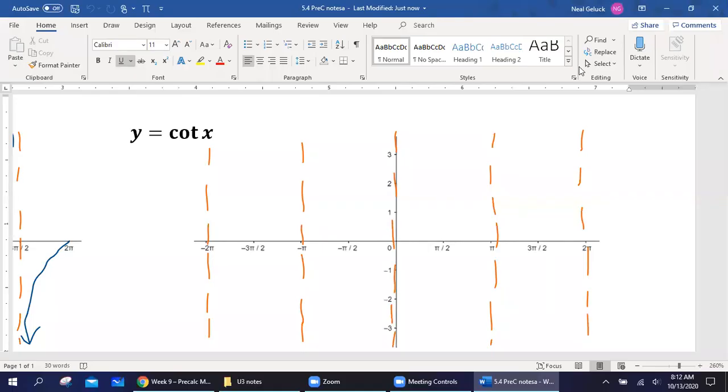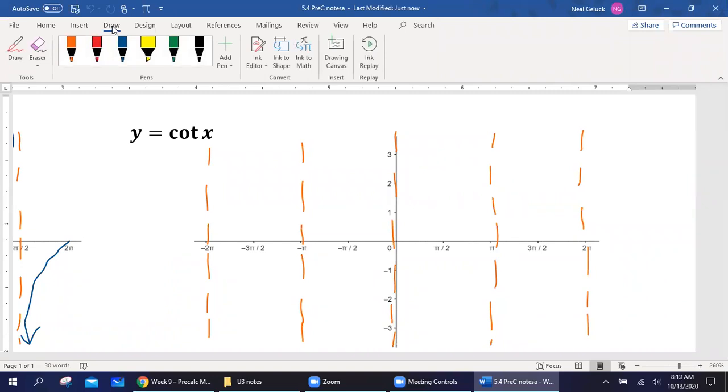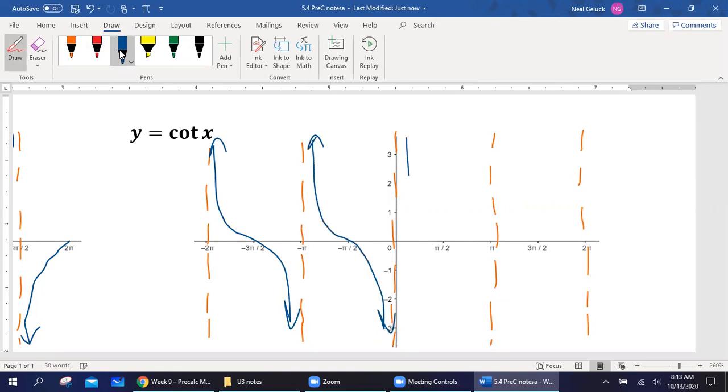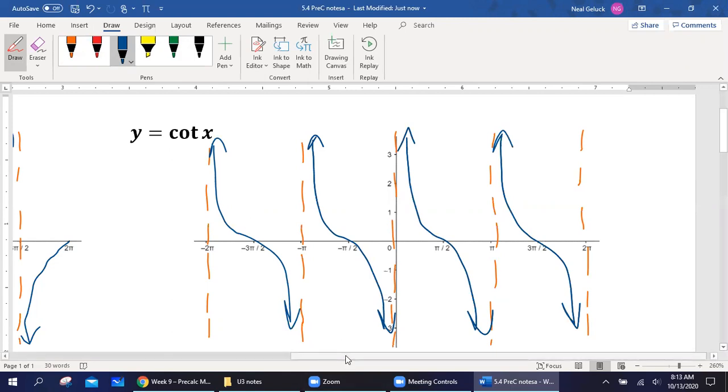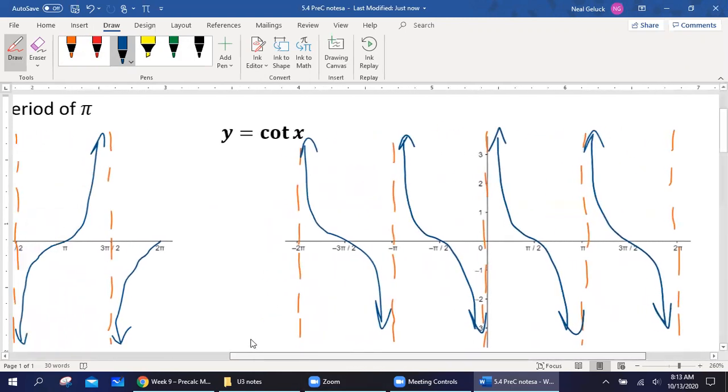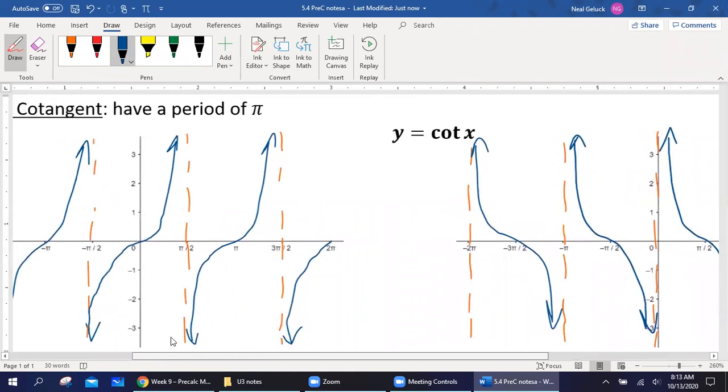And where tangent was going uphill, cotangent is going to go downhill. But it's going to look just about the same. It's just flipped and moving downhill instead of uphill. So similar graphs, except shifted and going in the opposite direction.